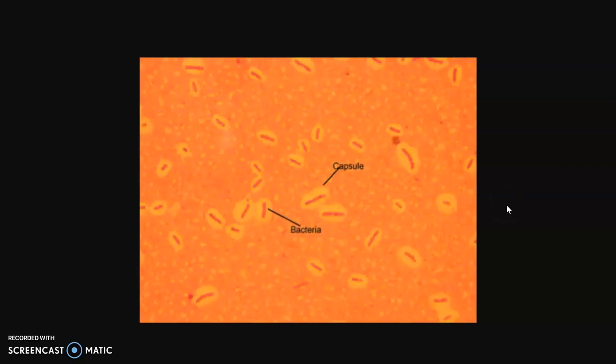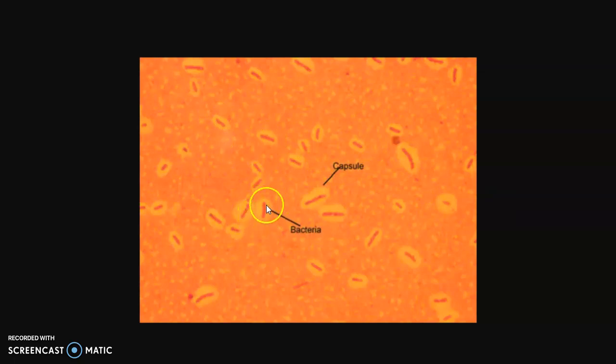Another structure that we can look at as it pertains to bacteria is the bacterial capsule. So bacteria are surrounded by a cell wall, but some types of bacteria have this extra layer, this extra coating surrounding them called a capsule. And what you see in this image are some rod-shaped bacteria, okay?